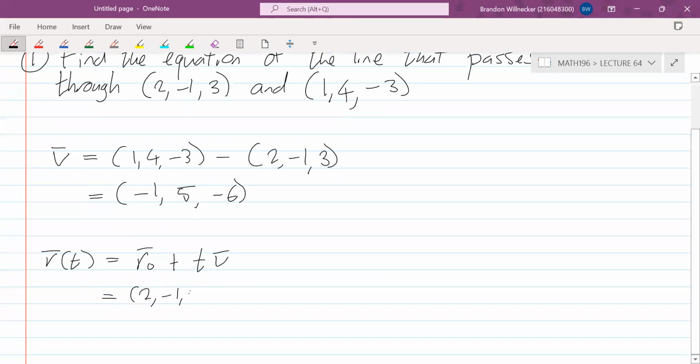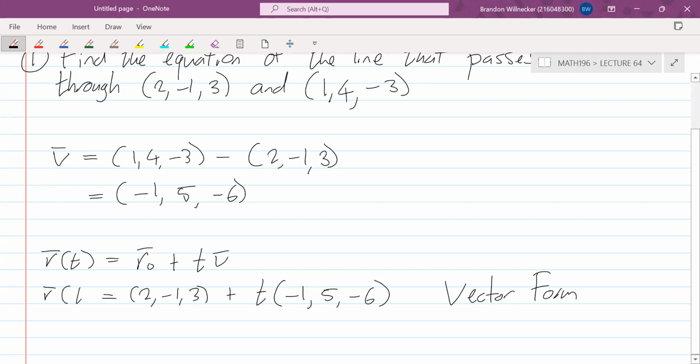So (2, -1, 3) plus t times our direction vector, we already calculated that. That's going to be (-1, 5, -6). Okay, so this is the vector form, because we've written it out in terms of two vectors, the r0 and the v.